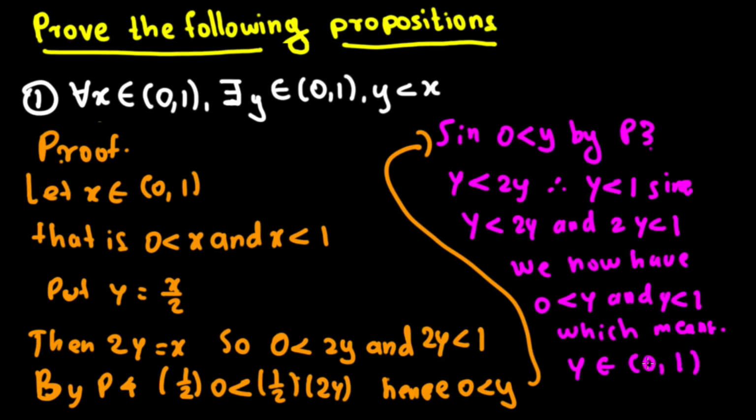Fine. So finally, since y is less than 2y, we have y is less than x. Okay, let's get rid of this one.